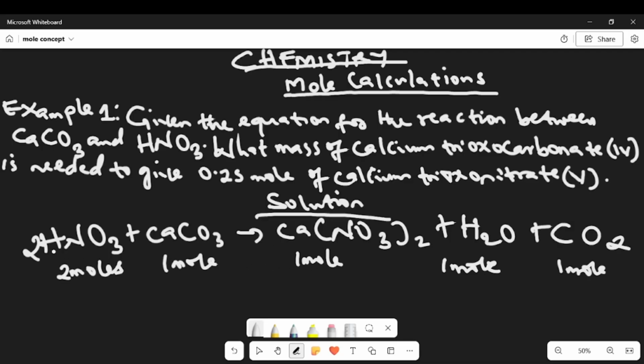Let's say I haven't balanced this before now, so let me balance them again. If you look at the first compound, which is HNO3, you find out that the H here is actually mono, it has only one hydrogen atom. But if you look at the product side, you have 2 hydrogen atoms.